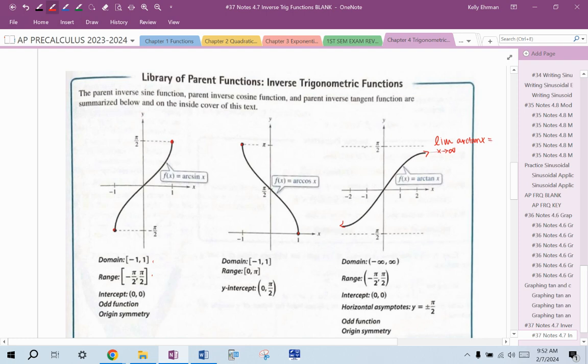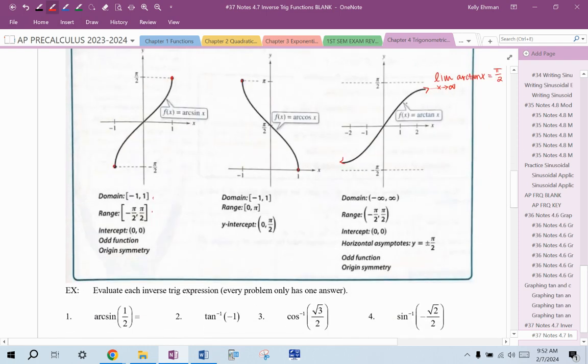It's approaching this horizontal asymptote, pi over 2. Again, this is something we use in calculus a lot. So just knowing that as you go on, this arctangent graph approaches pi over 2. And the limit as x approaches negative infinity of arctan x is equal to negative pi over 2. So as this graph goes on, it will continue to approach its horizontal asymptote, which is different on the left than it was on the right.